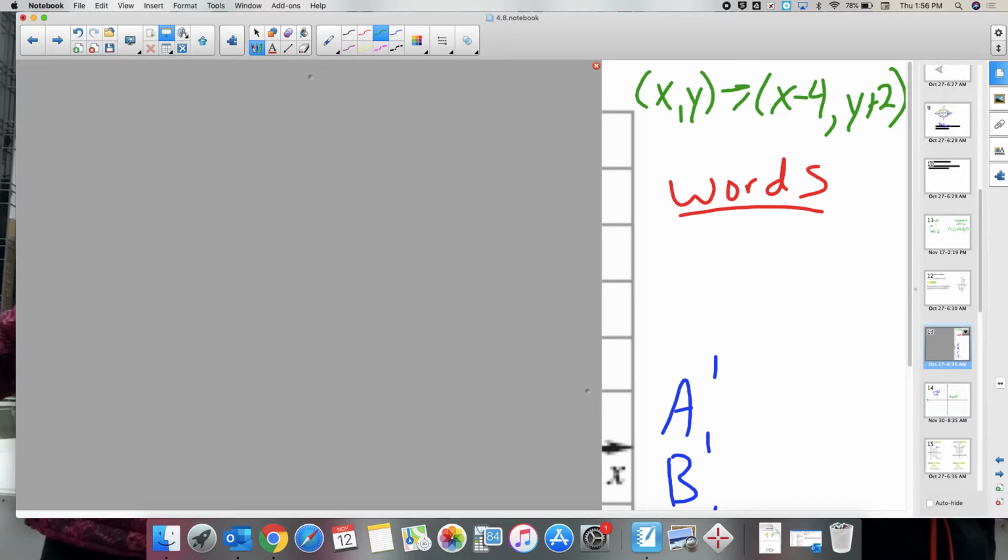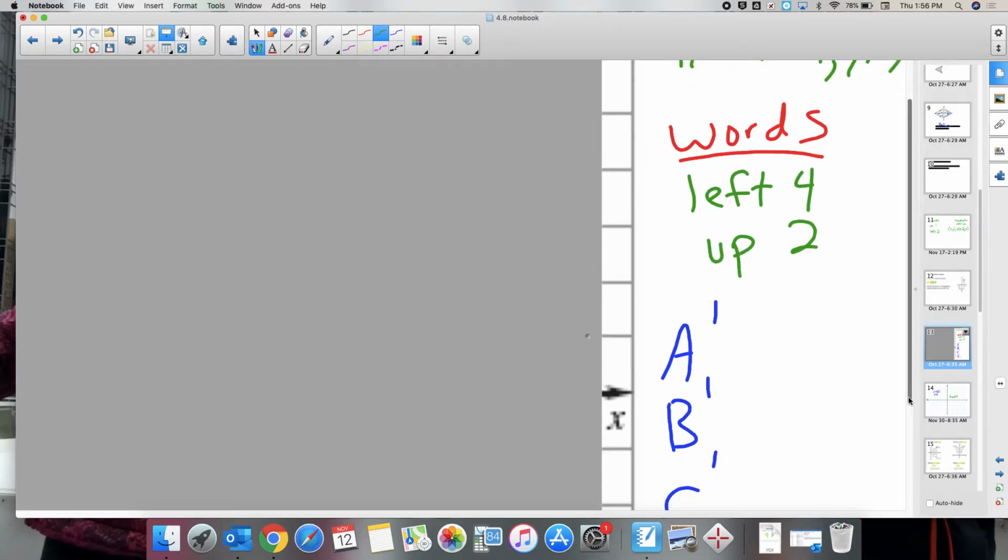We are going to move it left 4 because it's x minus 4. And we are going to move it up 2 because it's y plus 2. And then they want to know, where will these points end up at? So for A prime, if we move it left 4 and up 2, we'll end up at (-3, 4).